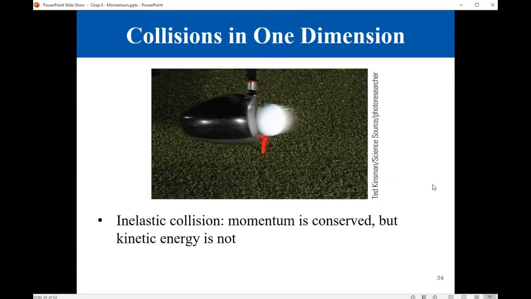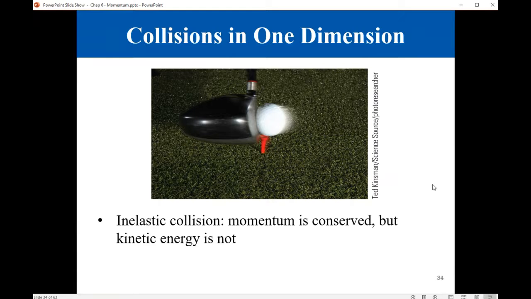We have three main types of collisions in one dimension. The first type is the inelastic collision, like the bat and the golf ball or a baseball. In such a collision, the ball will be deformed during the action time.